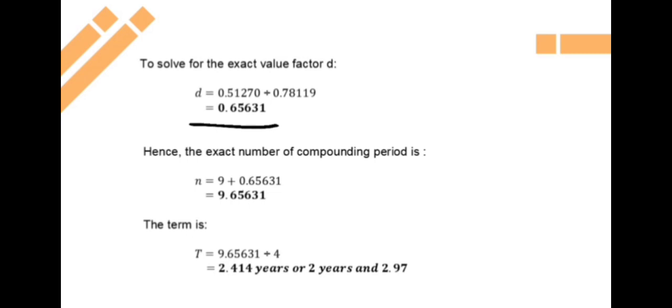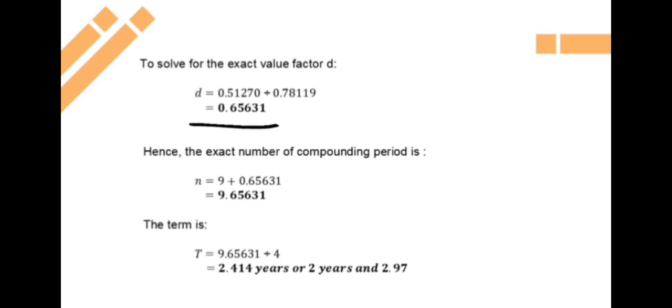which is yung number of compounding period na 9. So, i-add lang natin to since ang sabi is between siya sa number of compounding periods na 9 and 10. So, ibig sabihin, ang hinahanap natin na exact number of compounding periods is 9 point something.